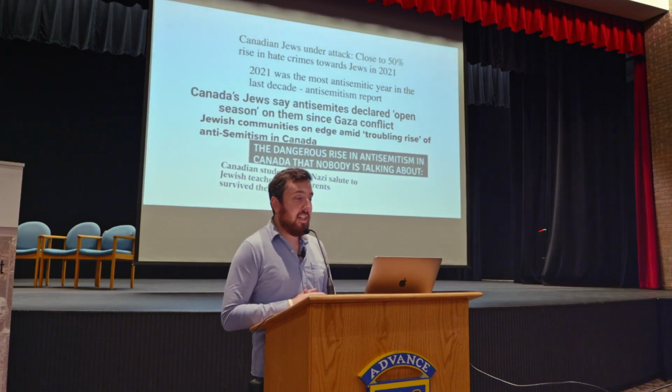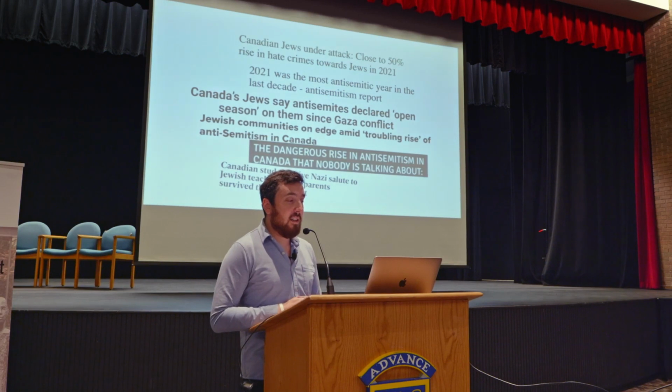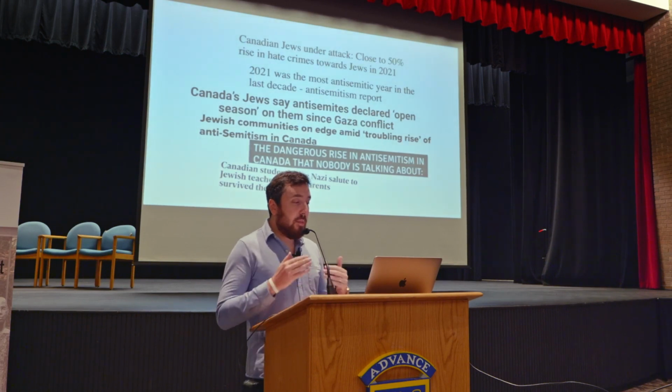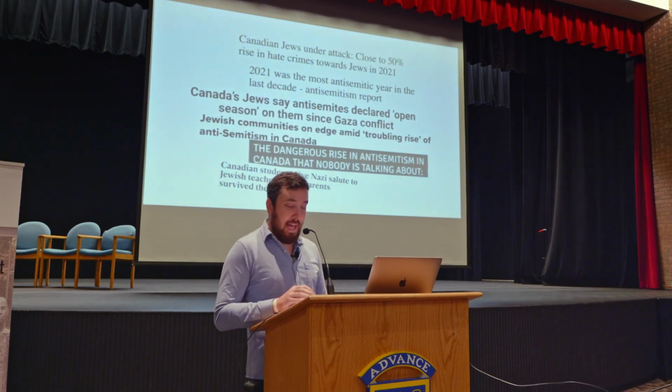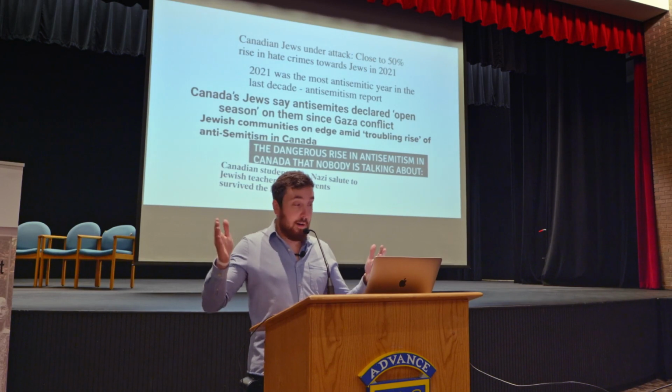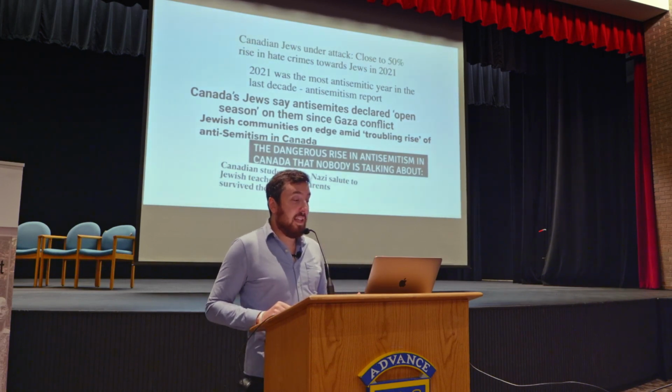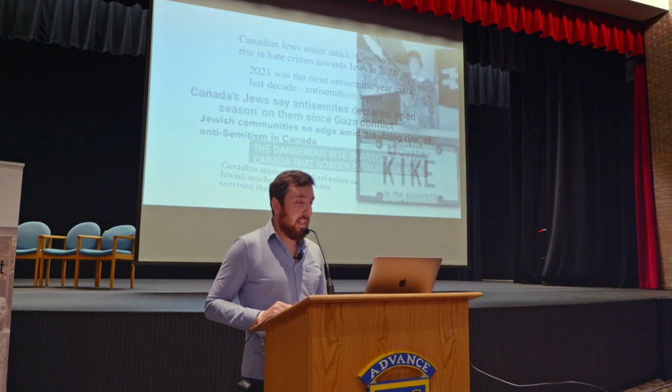Canada's Jews say anti-Semites declared open season on them since Gaza conflict. Jewish communities on edge amid troubling rise of anti-Semitism in Canada. The dangerous rise in anti-Semitism in Canada that nobody's talking about. We're talking about it here. Canadian students give Nazi salute to Jewish teacher whose parents survived the Holocaust. Right? Really horrifying clippings that we see.